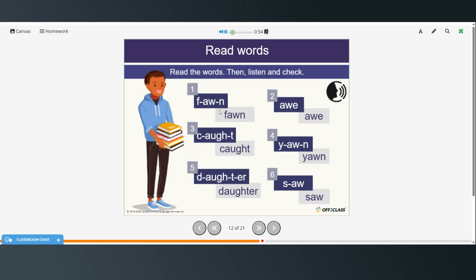F, aw, n. Fawn. K, aw, t. Caught. Y, aw, n. Yawn. D, aw, t. Daughter. S, aw. Saw.